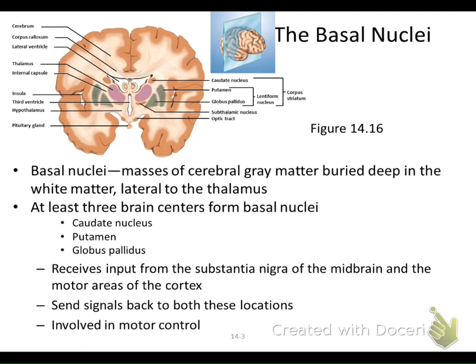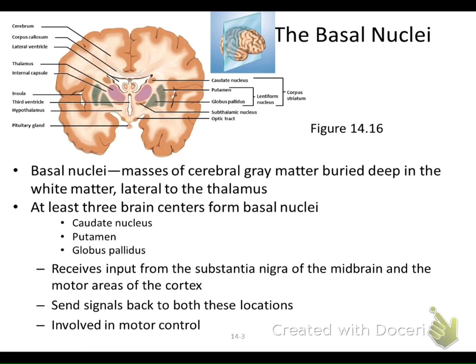So when someone slices into the brain, just imagine this, throughout years, people have been slicing through brains, and the majority of the brain is white matter. But there are areas of gray matter. And some of them are these little islands, clusters, and so they all have a name. So there are the basal nuclei.